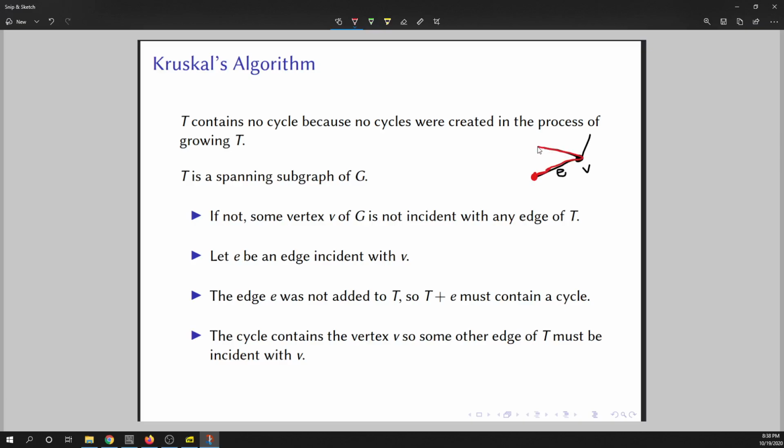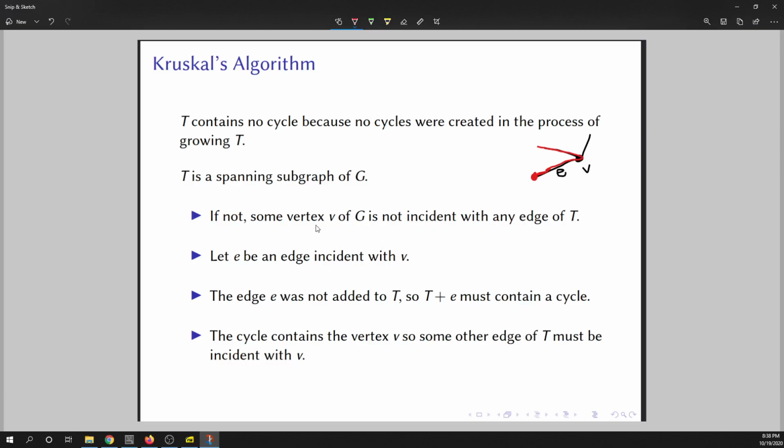I don't know exactly what it looks like, but it looks like so, okay? And so that vertex V had to be incident with some other edge of T, this red graph. That's the only way that adding this edge E in there will give you a cycle. So there had to be some other vertex there, and that's a contradiction.